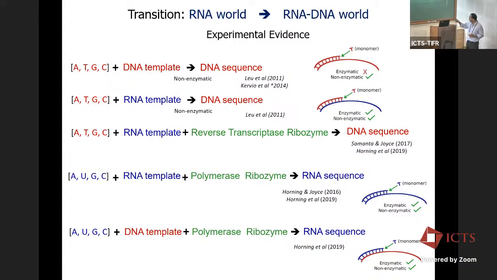And so we used their results to ask the question that what if you increase the space of possible reactions by introducing DNA nucleotides into the picture, in addition to RNA nucleotides? So you still don't have proteins, so you still need to rely on RNA enzymes like ribozymes, but you also have DNA nucleotides.